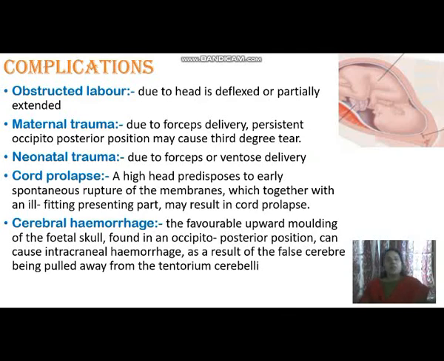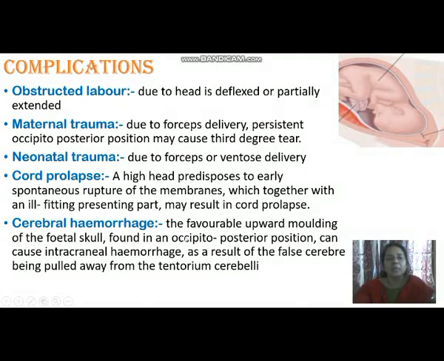Next, the complications of malposition. These are obstructed labor, due to the head being deflexed or partially extended; maternal trauma due to forced delivery, or persistent occipito-posterior position, which may cause third degree tear; neonatal trauma due to forceps or ventouse delivery; and cord prolapse. A high head predisposes to early spontaneous rupture of membranes, which together with an ill-fitting presenting part may result in cord prolapse.